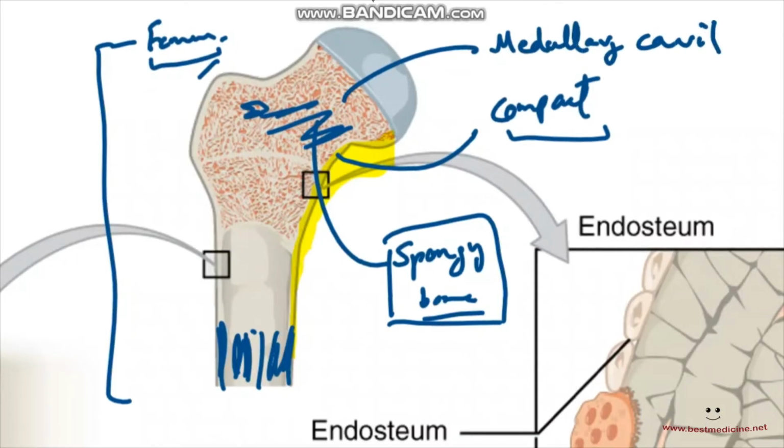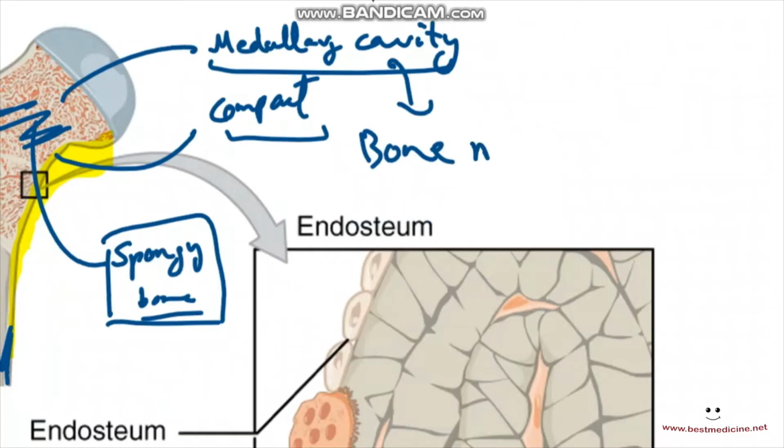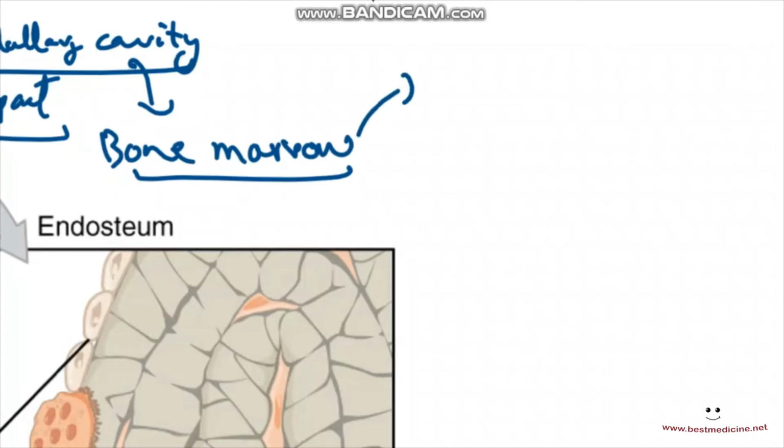The cavity is called the medullary cavity. And any guesses as to what medullary cavity contains? Of course, the bone marrow, right? The bone marrow. Excellent. Okay, so what is the bone marrow? The bone marrow is the stuff that is present inside the medullary cavity, inside the bones.